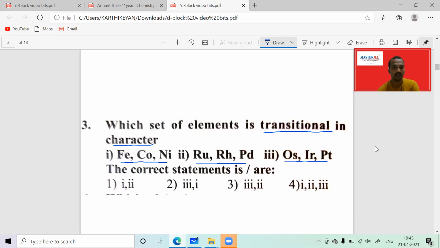These all come under transition elements because they have at least one unpaired electron in their d level, so they show transition properties and are considered transitional elements.